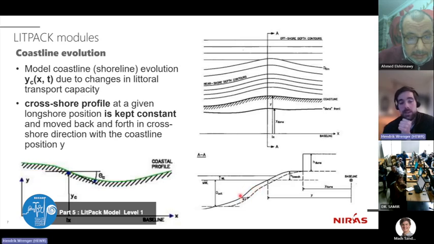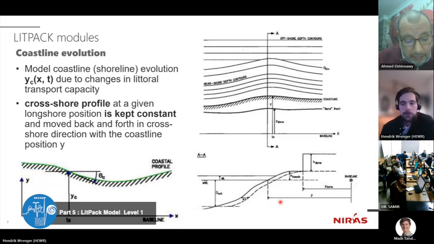And then in the next time step, the hydrodynamic conditions are computed, inputting the offshore conditions at a slightly different position. But I'm not all of a sudden developing a bar as we can do with the profile evolution tool. And that just means that we're looking at different time scales.